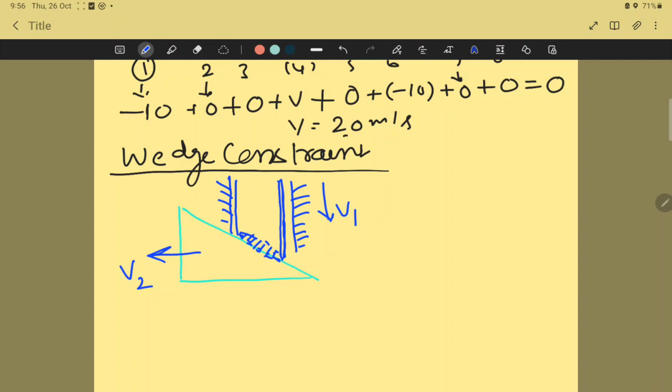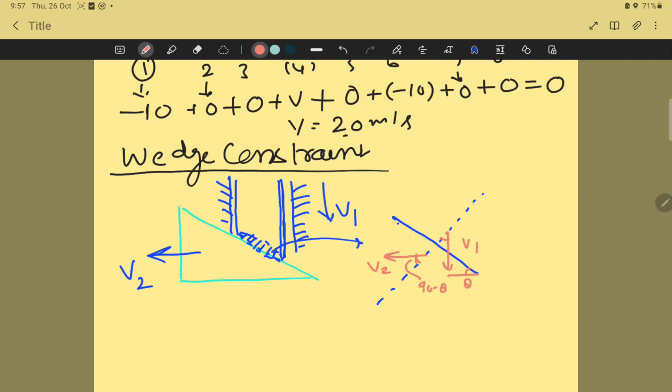Now always remember, in this section we can draw and only draw the perpendicular of it, and here we can say this is moving with velocity v2, and the first section is moving with velocity v1, and it is making angle some theta, so this will be theta, and this will be 90 minus theta.